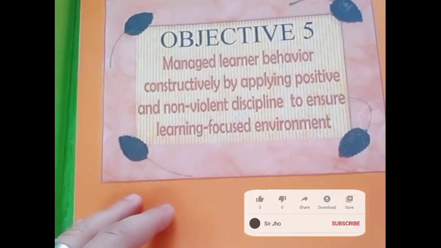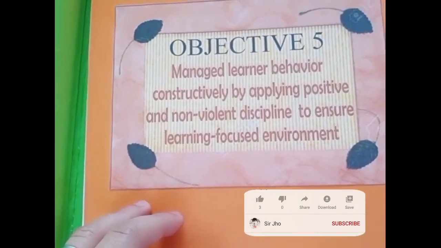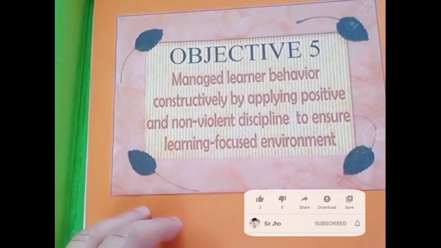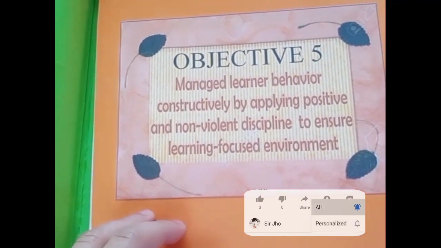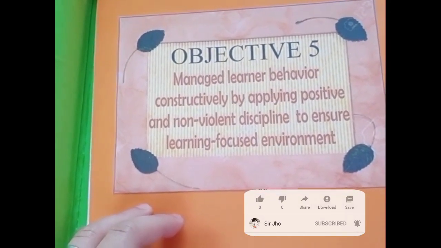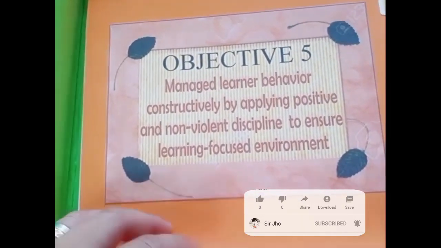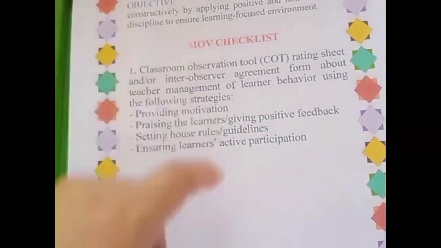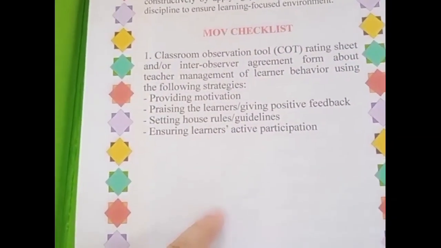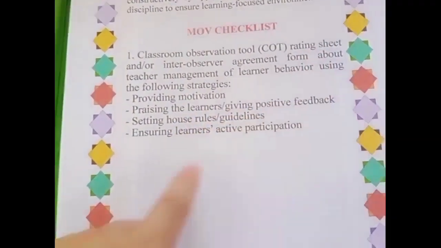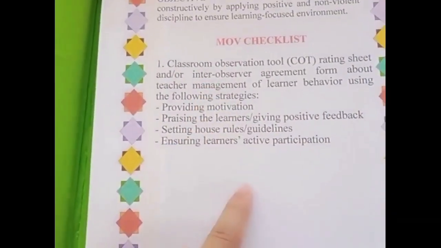Next, sa objective number 5, manage learner behavior constructively by applying positive and non-violent discipline to ensure learning-focused environment. So ano ang MOBs na ilalagay natin sa objective number 5? So rating sheet ulit or Inter-Observer Agreement.